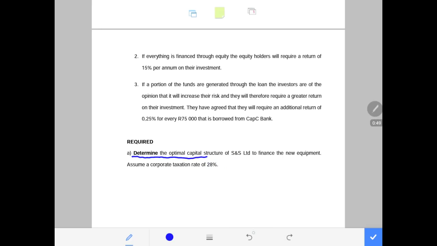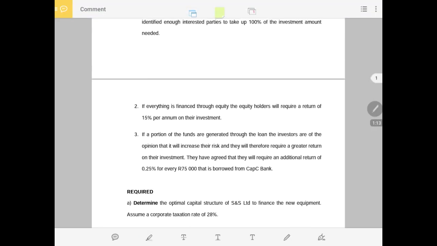So now, meaning there is an investment opportunity for the new equipment, which we don't know yet the cost of the equipment, and this equipment must be financed through different or various sources of funds. Therefore, now we need to identify the best one that will suit the financing of this equipment at the minimum lowest cost of capital.